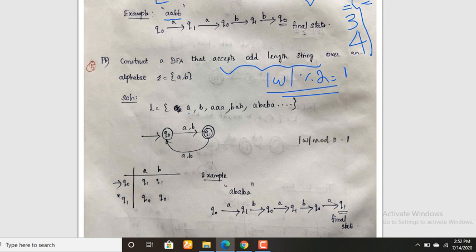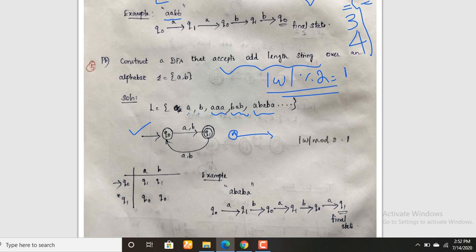We start directly with length 1 cases, A and B, then length 3 cases, then 5 are possible. This is the minimized DFA for this case. Starting with a simple one, this is the start state.